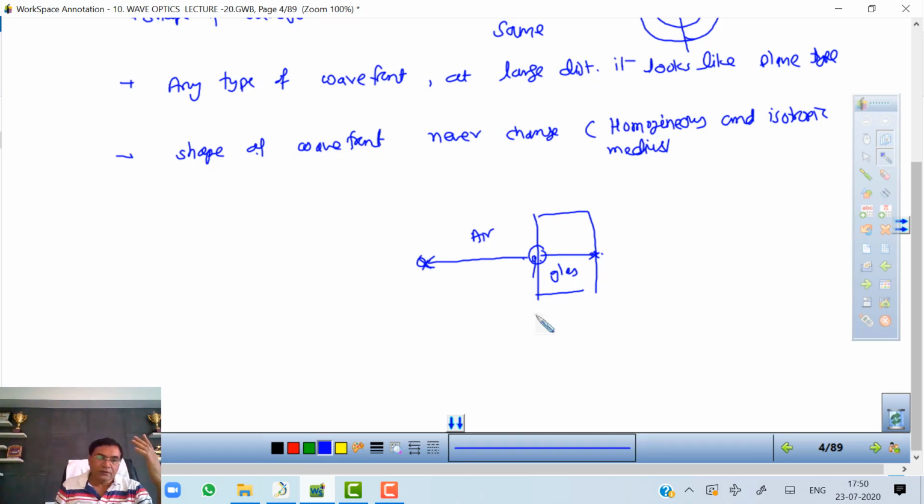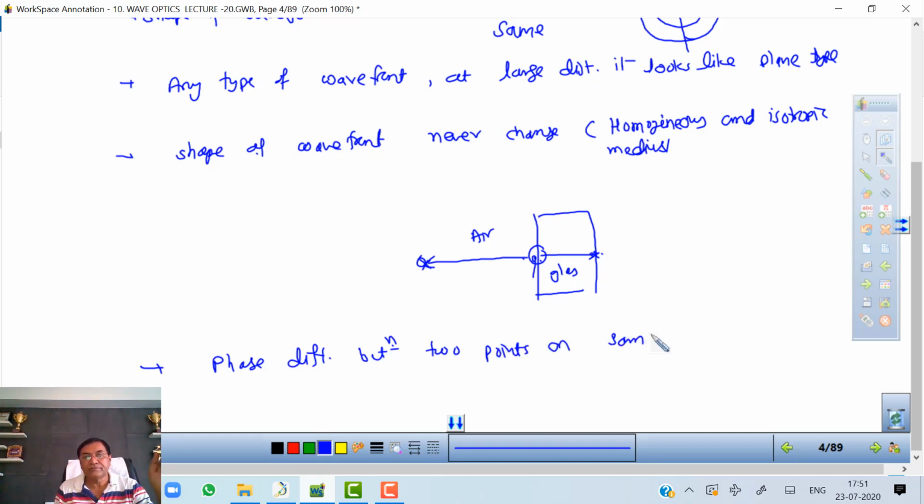Okay. What is the phase difference between the 2 points on the wavefront? Yes, 0. Phase difference between 2 points on same wavefront equal to 0.